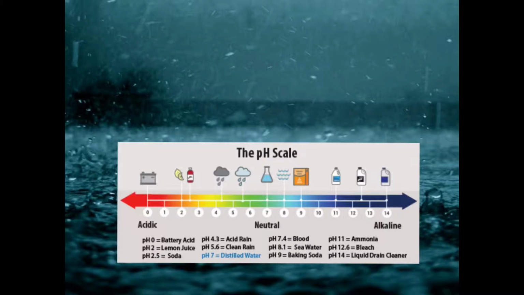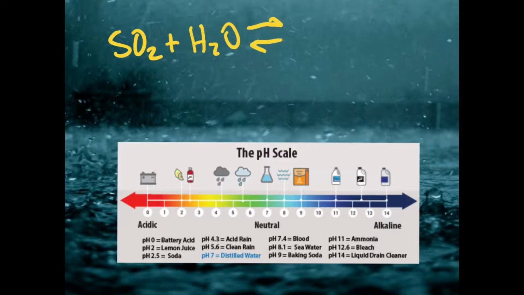The burning of fossil fuels produces SO2. SO2 is sulfur dioxide. When that combines with rainwater, so water in the atmosphere, it forms sulfuric acid. So this is a very strong acid, and when we talk about acid rain, this sulfuric acid is what we're really concerned about.